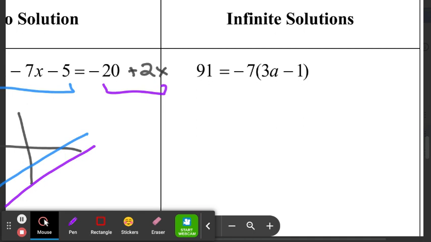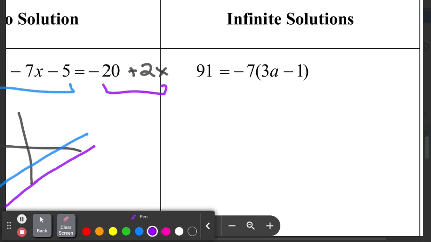For this problem now, this I would like to change. So let me just rewrite this equation. In your notes, this should work fine. Negative 20.